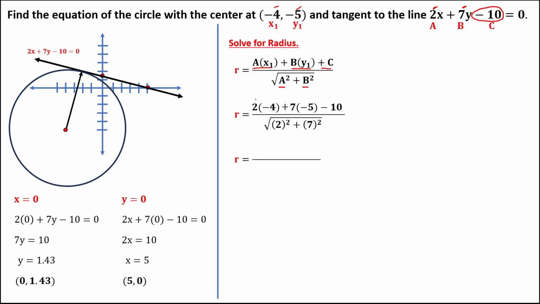Then to simplify, 2 times -4, this is -8. 7 times -5, that's -35. Then bring down -10. Then over the square root of 2 squared, that's 4, and 7 squared is 49. Then -8, -35, and -10, that's -53.